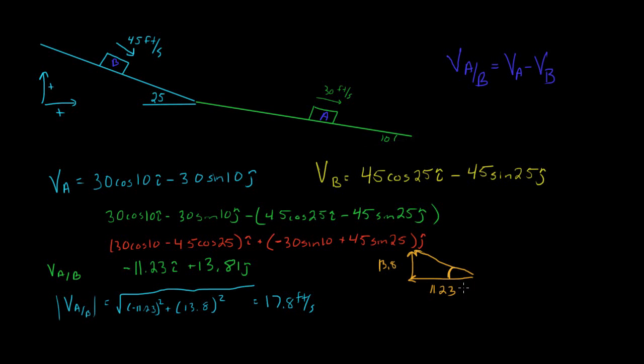If we draw it tail to head, we'll get the right angle, and we can get this angle by saying the inverse tangent of 13.8 over 11.23 is going to be equal to 50.8 degrees. So this has a magnitude of 17.8 feet per second, and 50.8 degrees measured upward this way.